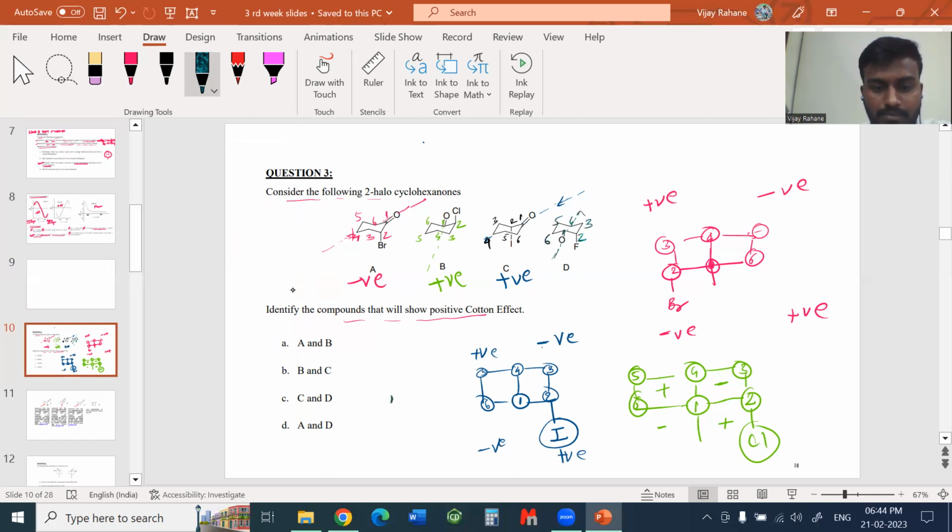So at carbon 1, on the right side we can see there is a fluorine, right? So fluorine here, third, fourth, fifth, sixth. So the fluorine is attached on the right hand side and axial, at 2 axial, here is the fluorine.